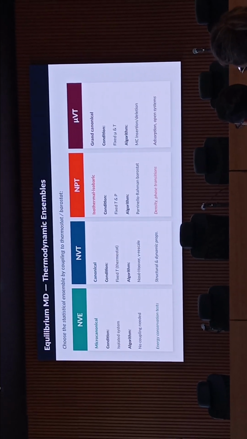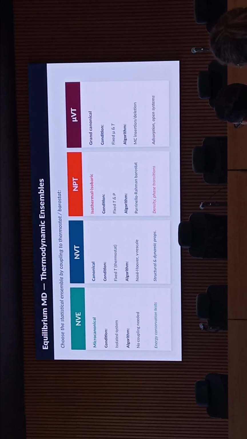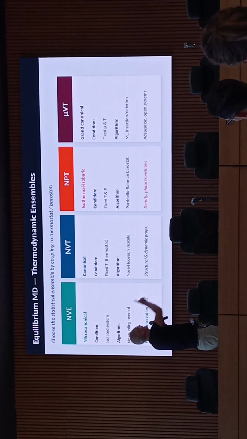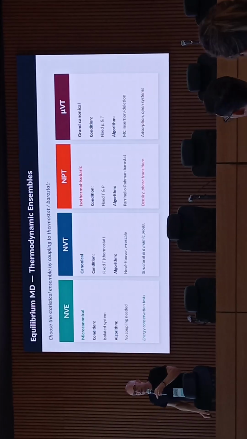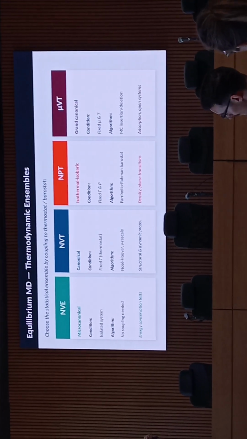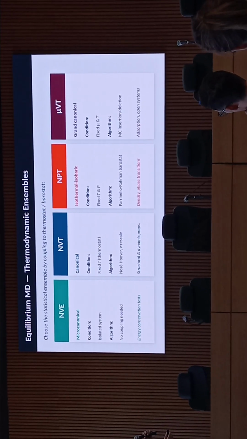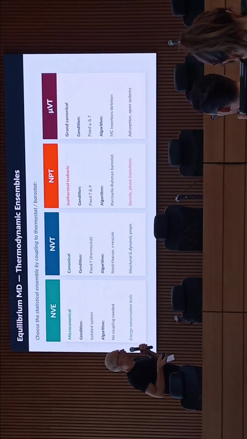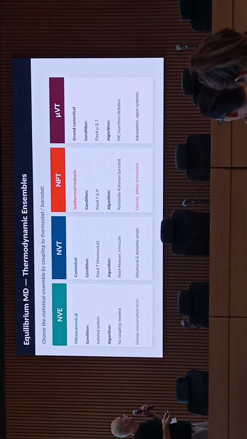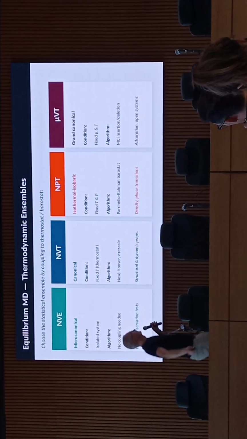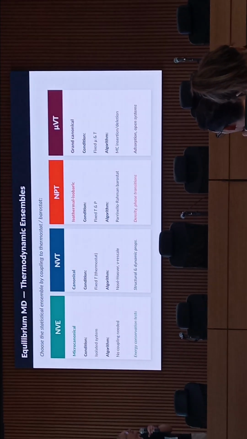So the most convenient molecular dynamics ensemble is actually the canonical one, where you fix the temperature in your system, at least if you can simulate at equal temperature. And this gives you a distribution of velocities in the system, and this is very well suited to calculate structural and dynamic properties.